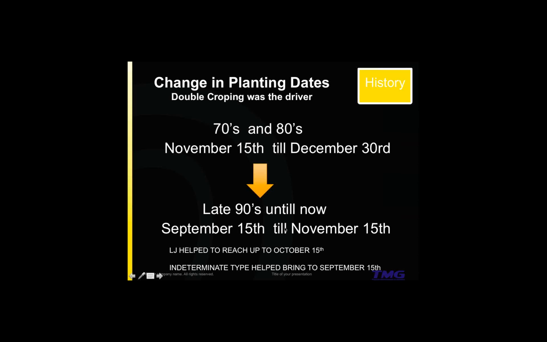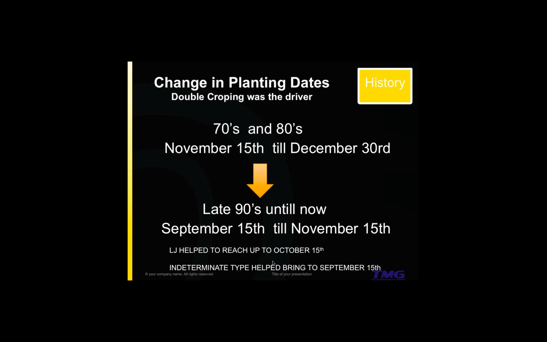The long juvenile trait helped, even in southern Brazil, to bring this planting season towards October. Especially, we could do that with the long juvenile trait. We could anticipate the planting season until October 15.